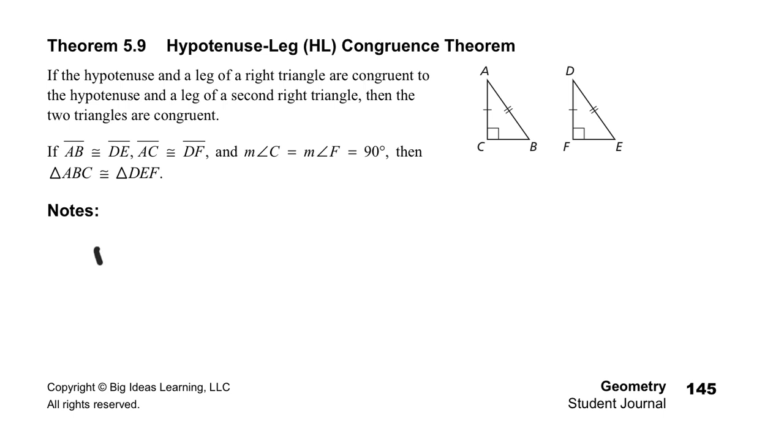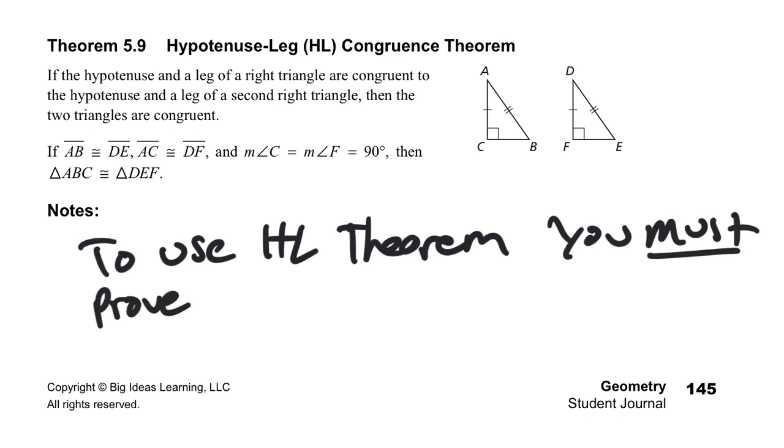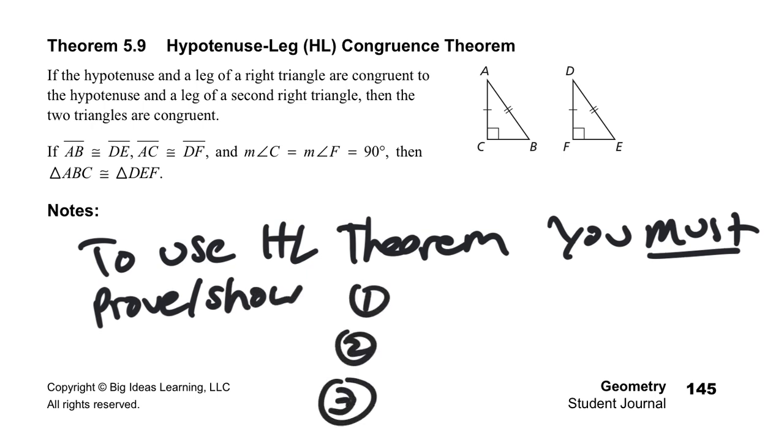So here's the thing. To use the HL theorem, you must prove or show three things. To use it, you have to start off by showing that you have a right triangle.